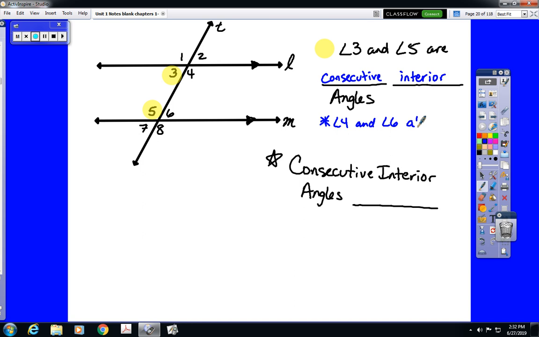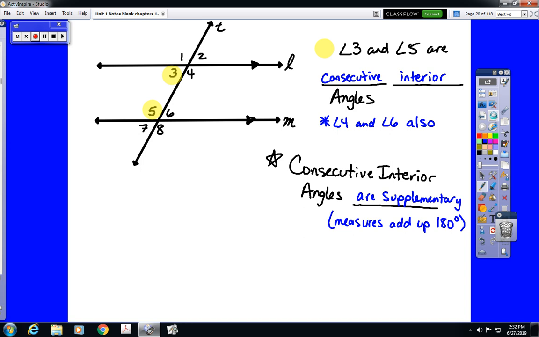They are also consecutive interior. And consecutive interior angles are a little bit different. Instead of being congruent, they are supplementary, which means that their measures, as we discussed in the first section, add up to 180 degrees.